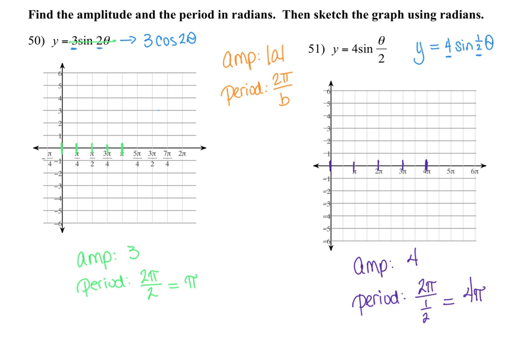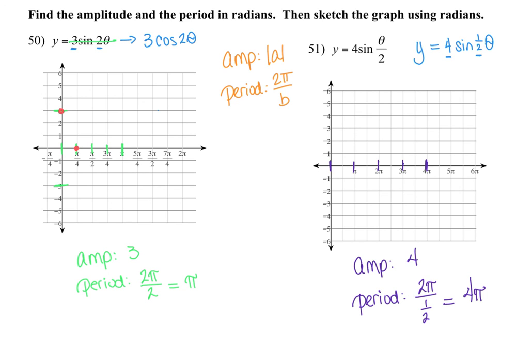All right? And then it's just a matter of plotting your points. You need to make a note of where your highest value should be based on your amplitude and where your lowest value should be, which in this case is 3 and -3. And then I'm going to graph it. So here, cosine starts at the highest point. At first quarter, you're at your midline.